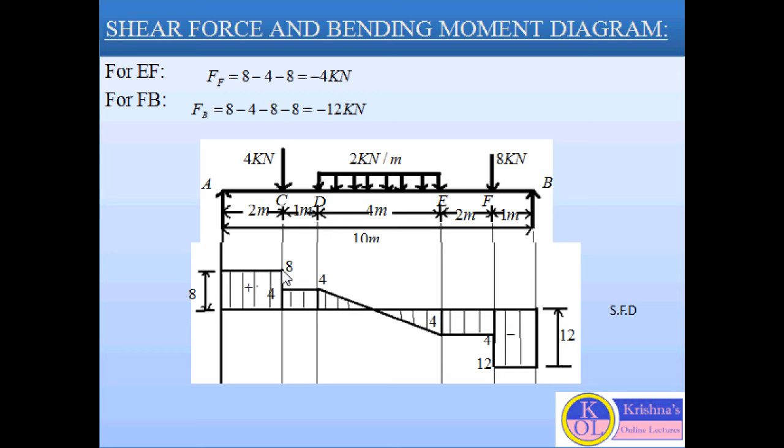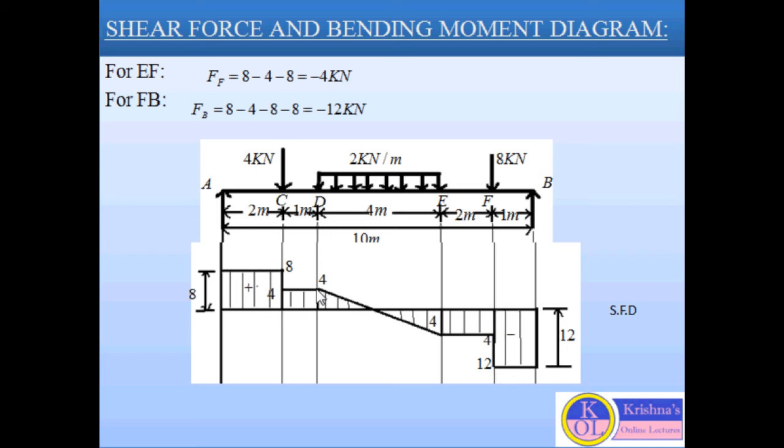Now at point C the value of shear force is plus 4, so we will mark it by a vertical straight line up to plus 4. Now coming to CD, there is no other force between C and D, so this line will continue as a horizontal line up to point D. Now at point D we have the shear force plus 4, so we will mark plus 4 there.